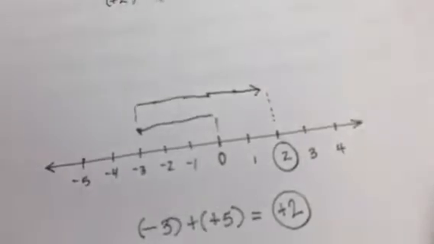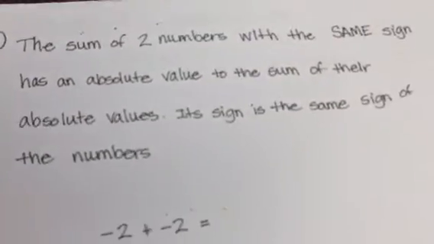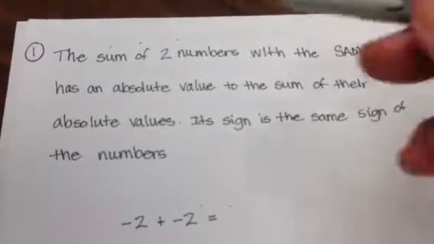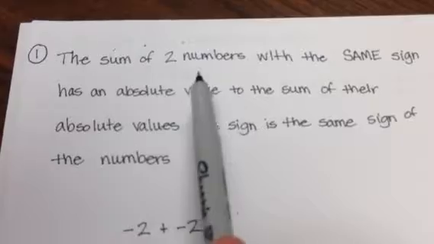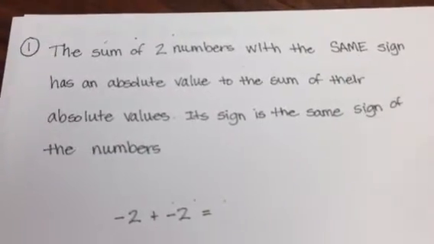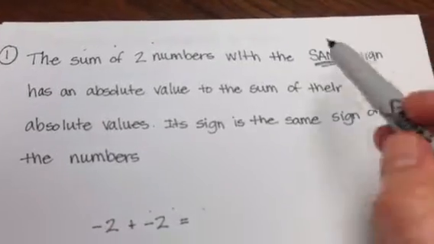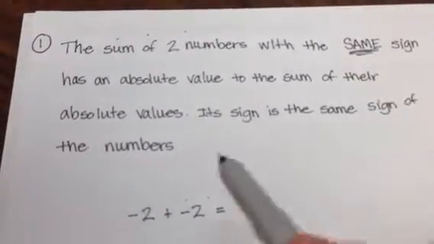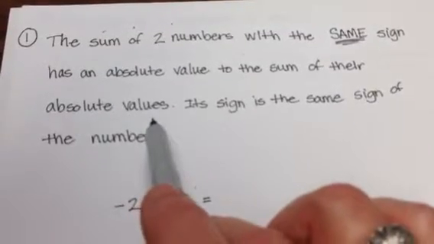All right, I got some explaining I can do. Here we go. We have some rules. First rule, the sum of 2 numbers with the same sign, could be positive or negative, has an absolute value equal to the sum of their absolute values.